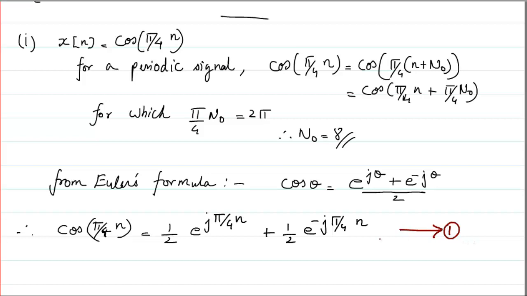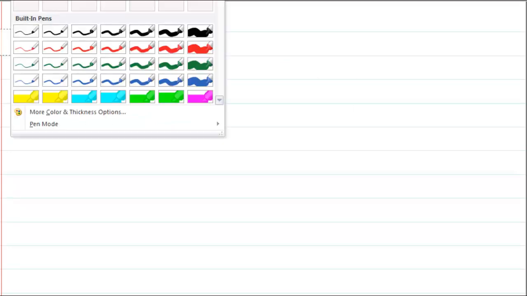Why I am writing it in this form is because if you see this equation, you will feel as if it is already having a DTFS format. So we will do a comparison between the two equations. Since it's a new page, I will write the equation back so that we are able to compare.